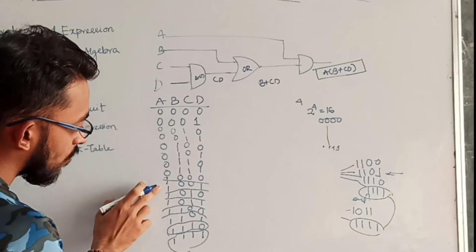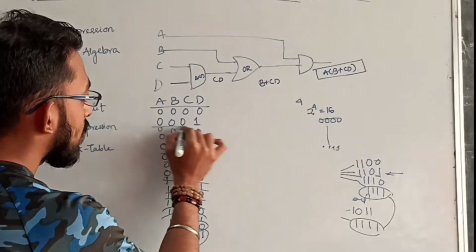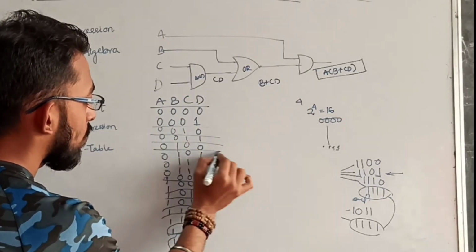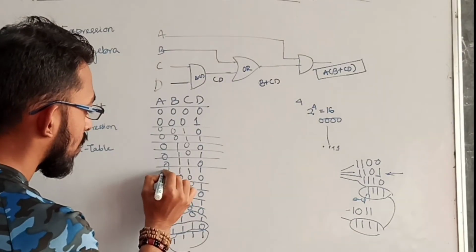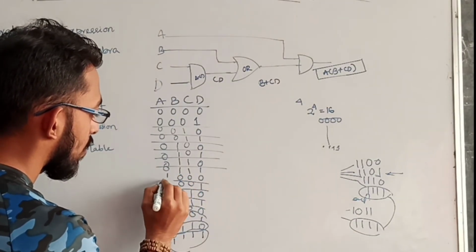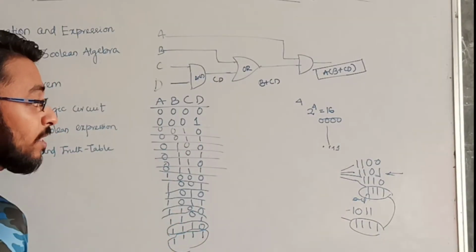So these are the possible 16 combinations.